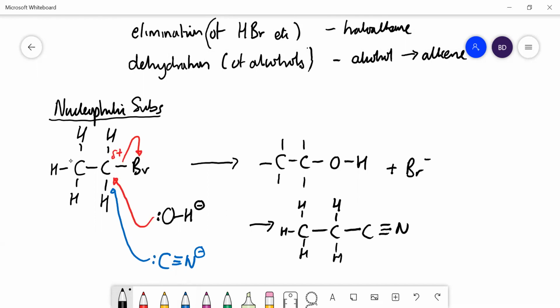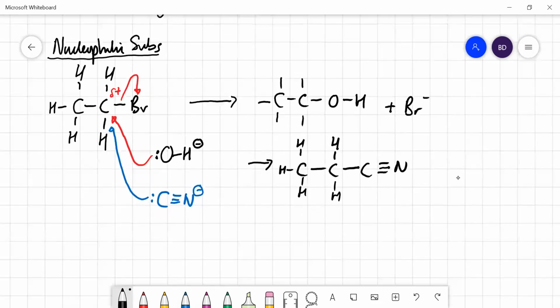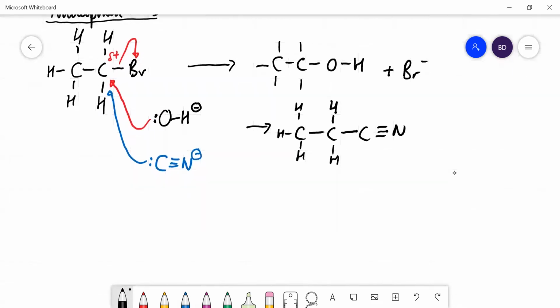Okay. Finally, let's do it with ammonia. Actually, I will come back to this one a bit later as well. Ammonia is pretty similar to these, just a little bit more complicated.